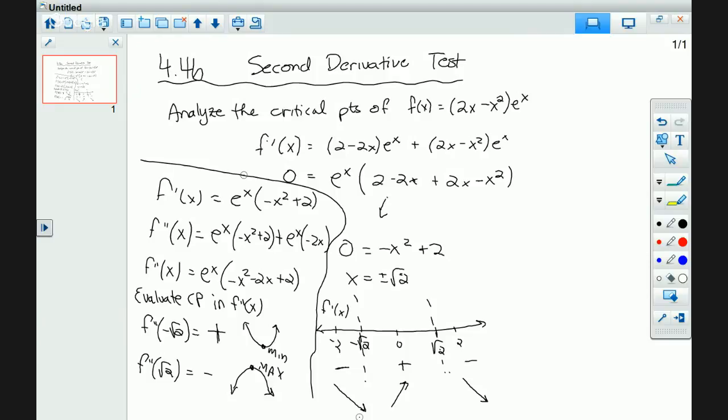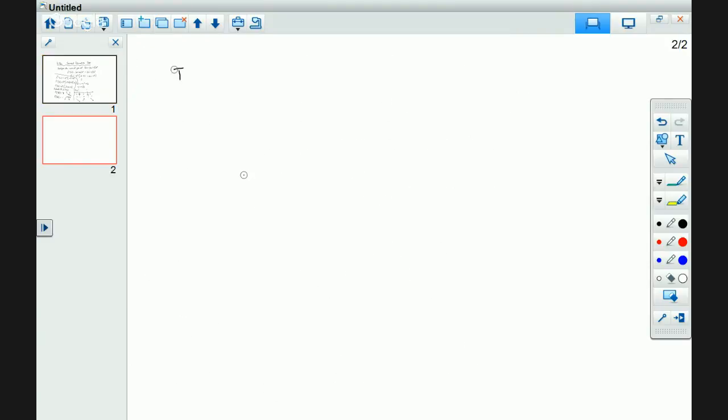There are cases where the second derivative test will not give you a positive or negative. It will give you a 0. If it gives you 0, what do you think you might have to do?